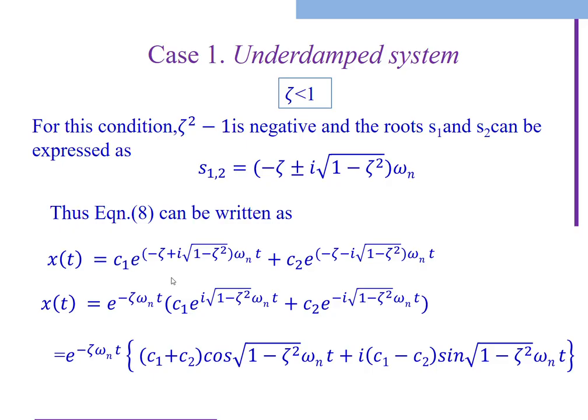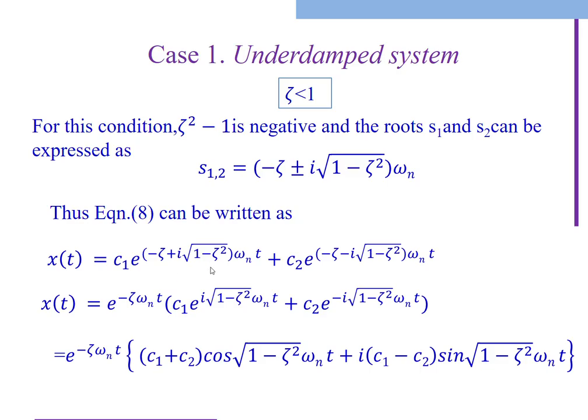Okay, after this what we have to do here, we have taken minus zeta into omega n t as the common term. It is common for both the parameters. Omega n and t are common for both parameters, and minus zeta is also common for both. That's why we have taken it like this.